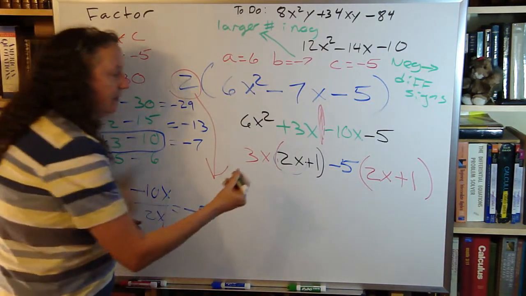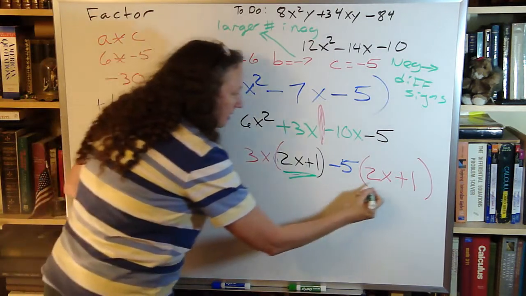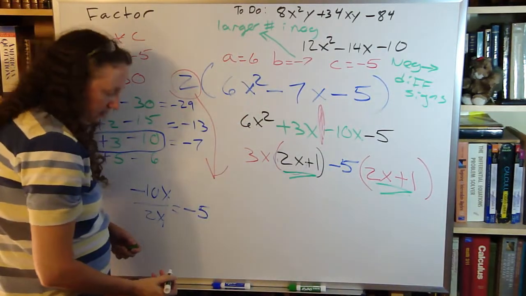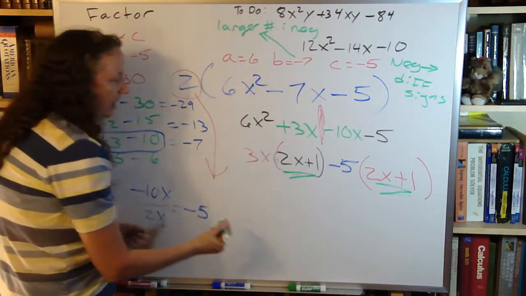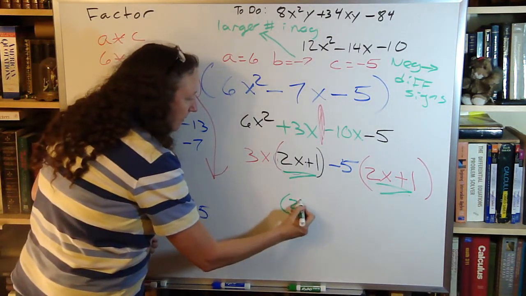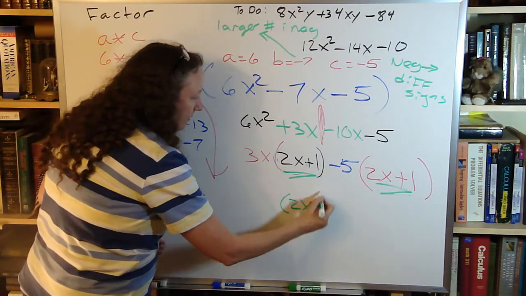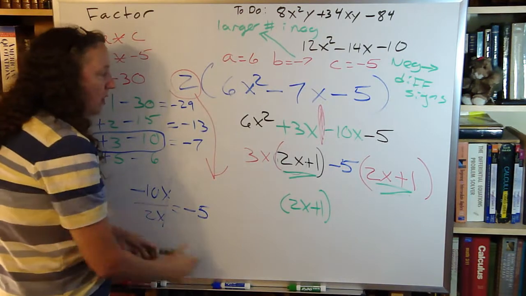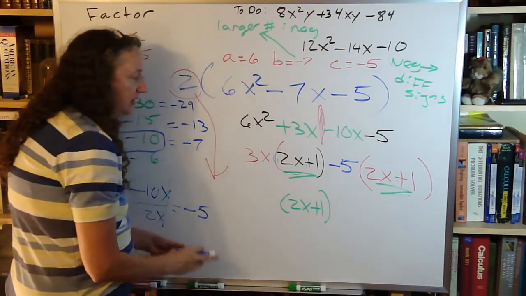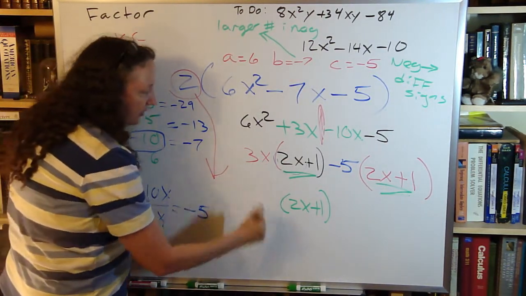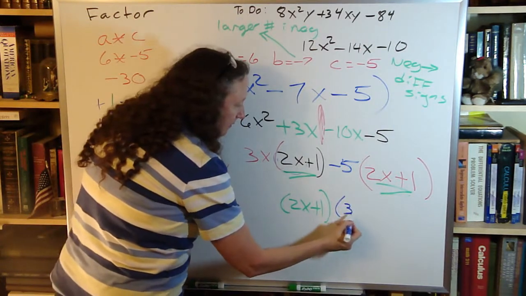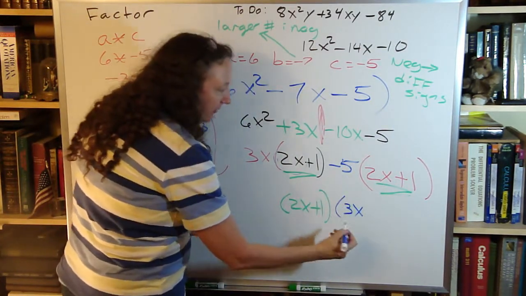Do I have the same thing inside my parentheses? Yes. So I factor that out. What am I left with outside the parentheses? I have my 3x there. I have my minus 5 there.